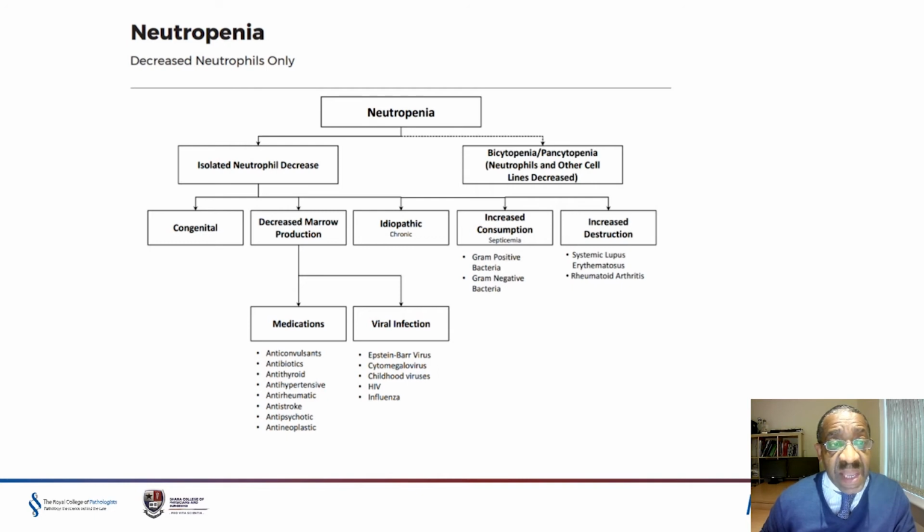Neutropenia can be classified in different ways, using the usual descriptions of congenital, acquired, idiopathic, due to increased consumption or reduced production, or increased destruction, and there are various causes.